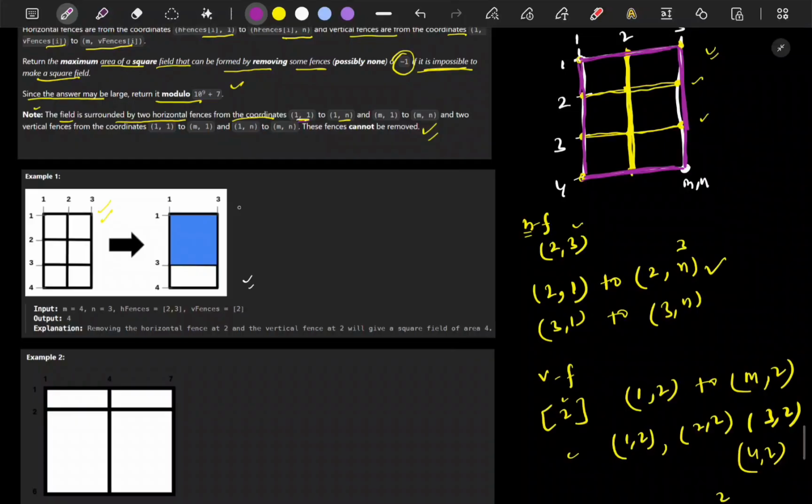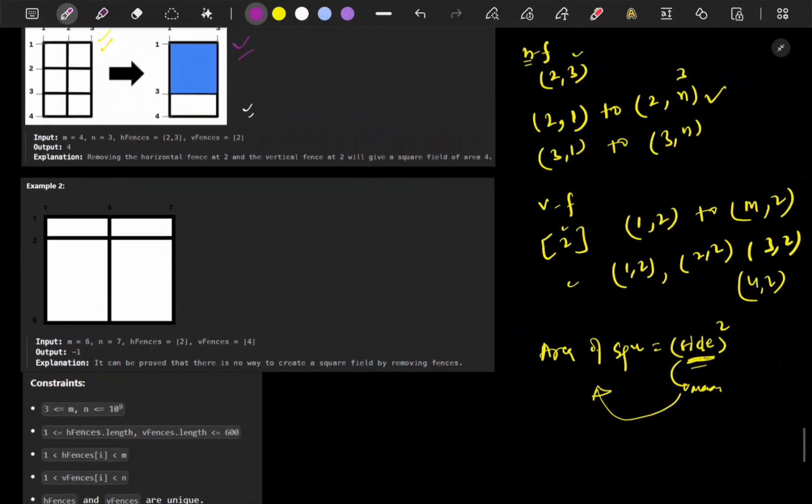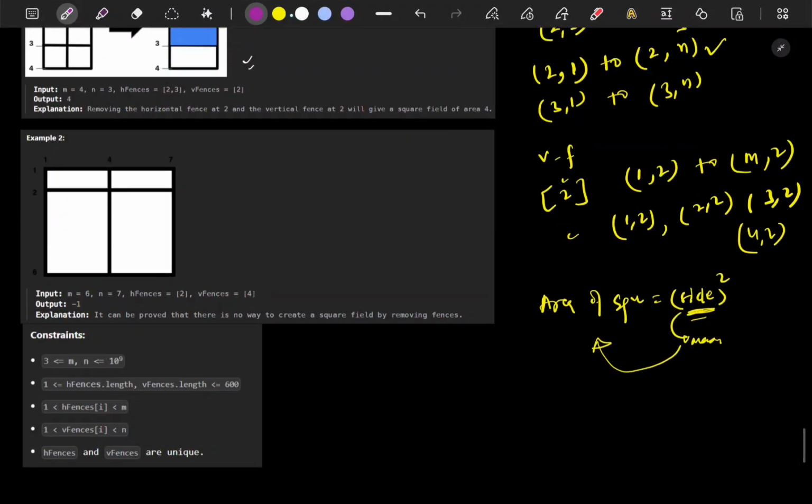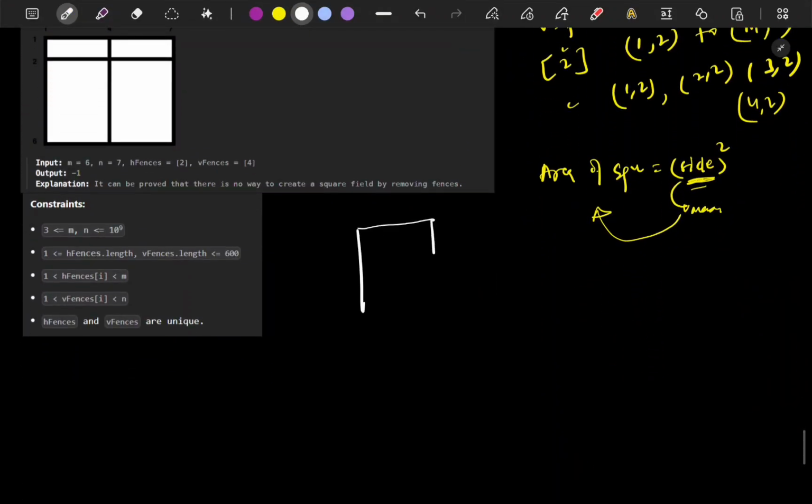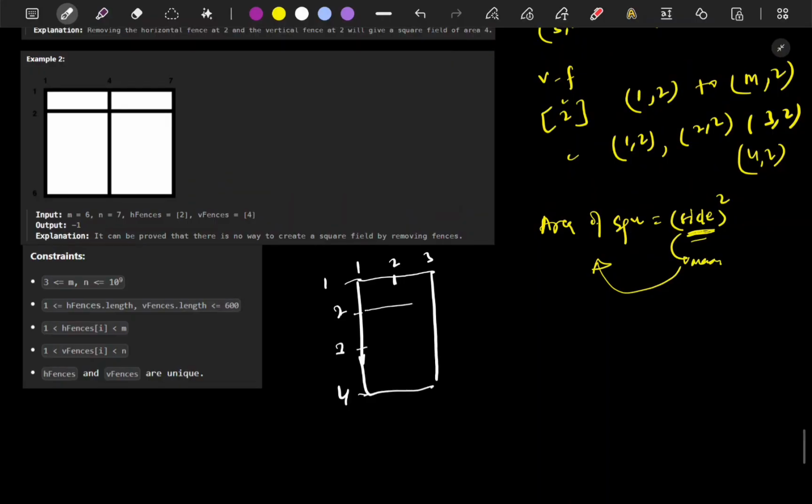So if we see this example, what is the maximum square? Let's say this is 3 and 4, and we have these fences, this fence, this fence, this fence.